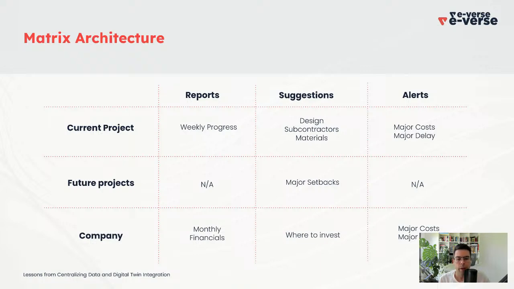Suggestions, we wanted, for current projects, design and subcontractor materials, for example, stuff like that, and get reports for that. Major setbacks, where to invest, and alerts on major costs or major delays, whether at company level or current project level.